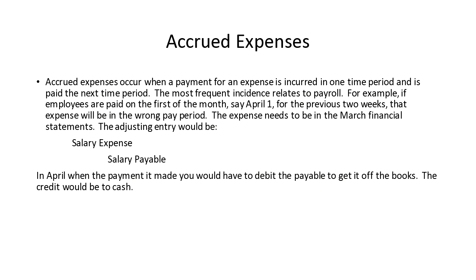And then in April, when you actually pay the payroll, you then pay it with cash, and you would take this payable off the books. You would debit salaries payable, credit cash. That gets the expense into the right time period, and it gets the payable on the books. Think about, again, a company like Dominion Resources. If they pay this way, one pay period is millions and millions and millions of dollars.